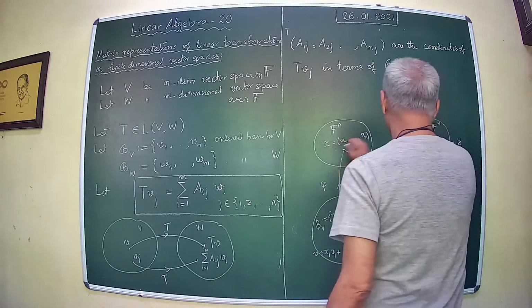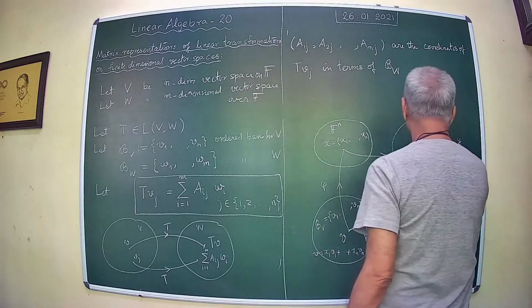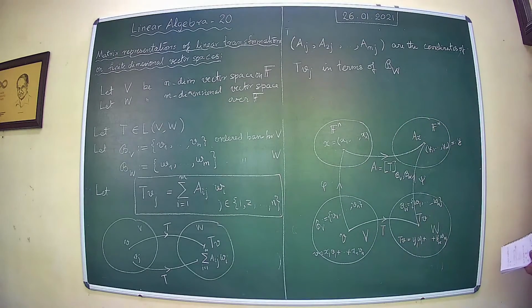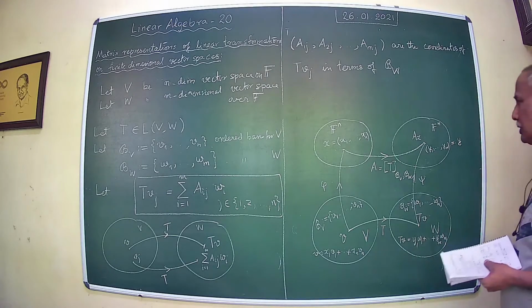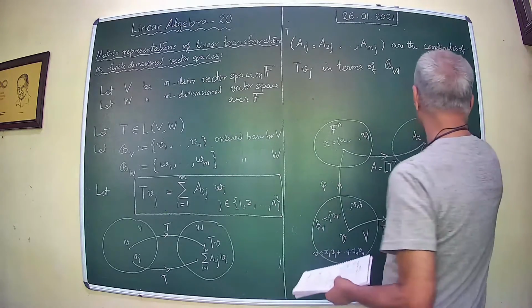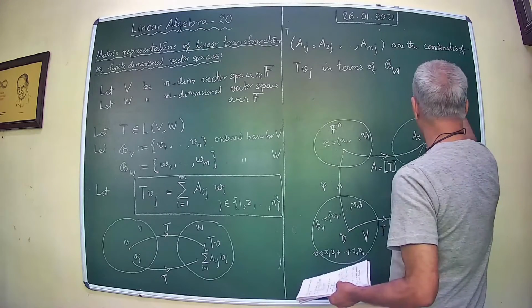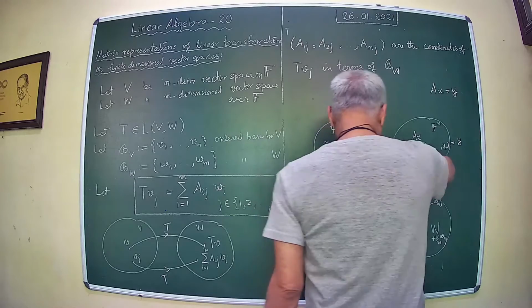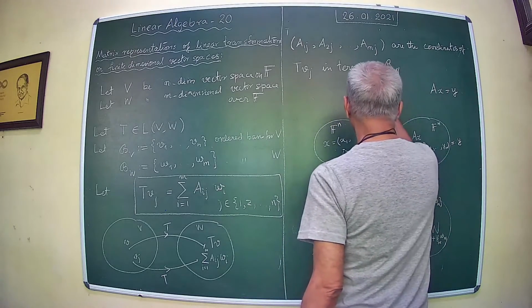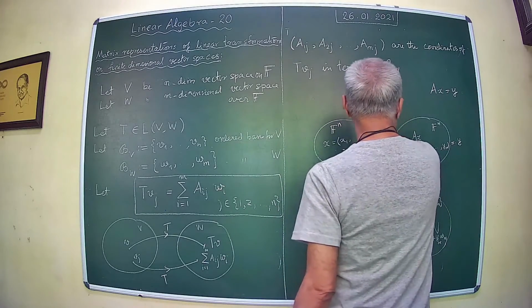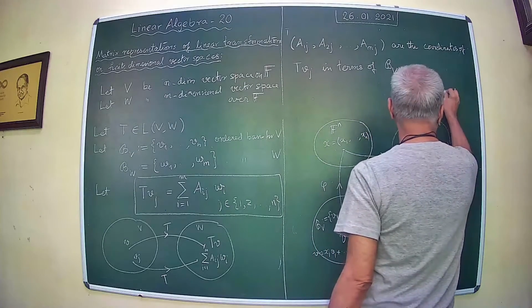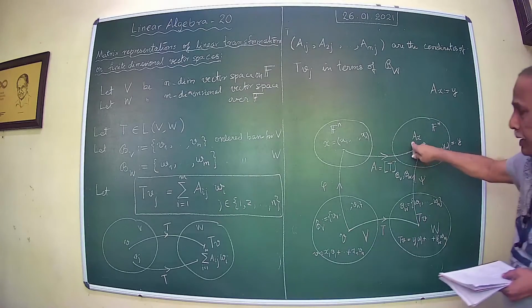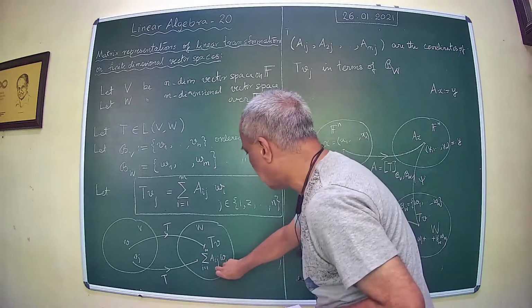For x, the image is called Ax. Okay, Ax is equal to y1, y2, etc., ym. This is the definition of A, where A is fixed by these numbers that come.